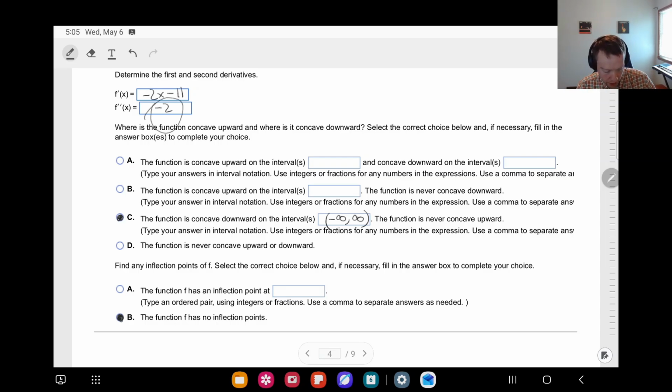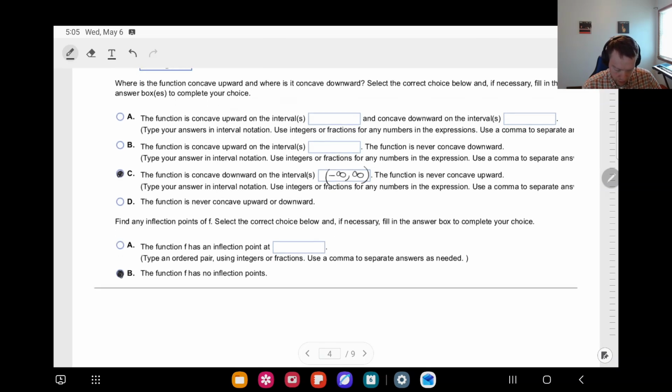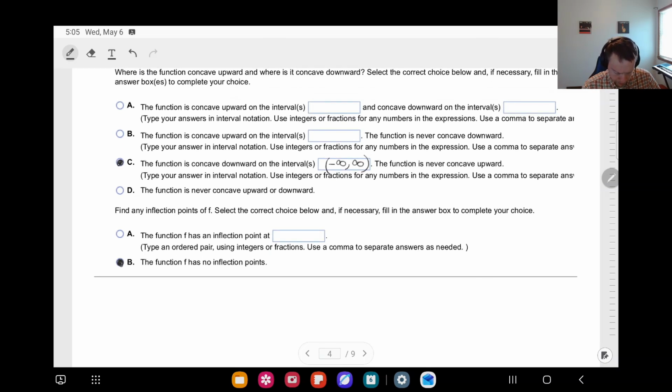It's -2 no matter what. But hypothetically speaking, you would want to find where the second derivative is 0, or perhaps undefined, and then check around those points. If the concavity changes from one side to the other, then you have an inflection point. But there are none in this case. We're just always concave down.